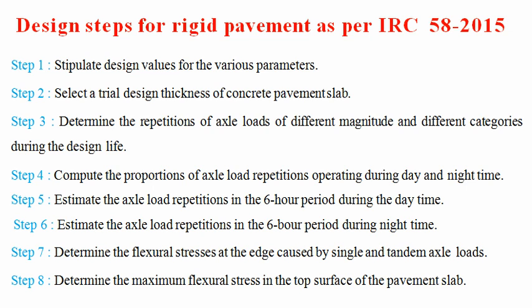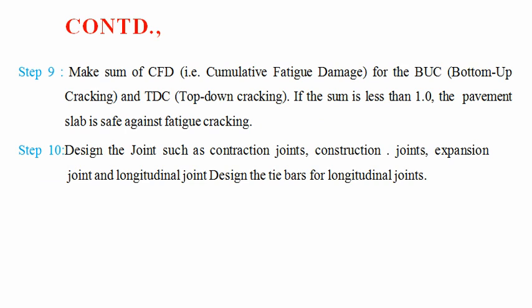Seventh step is to determine the flexural stresses at the edge caused by single and tandem axle loads. Eighth step is to determine the maximum flexural stress in the top surface of the pavement slab. Ninth step is to sum the cumulative fatigue damage for bottom-up cracking and top-down cracking.